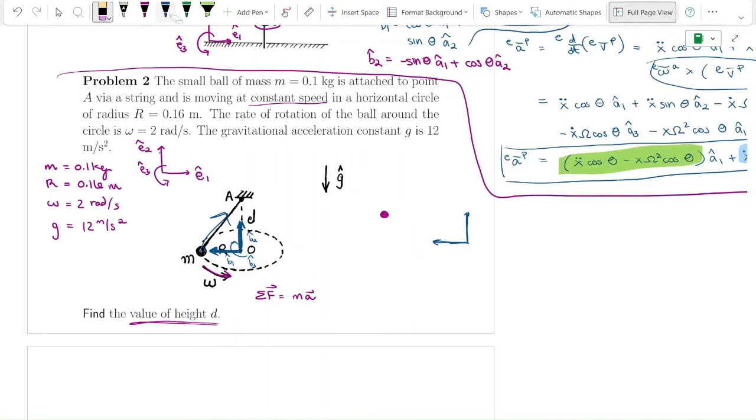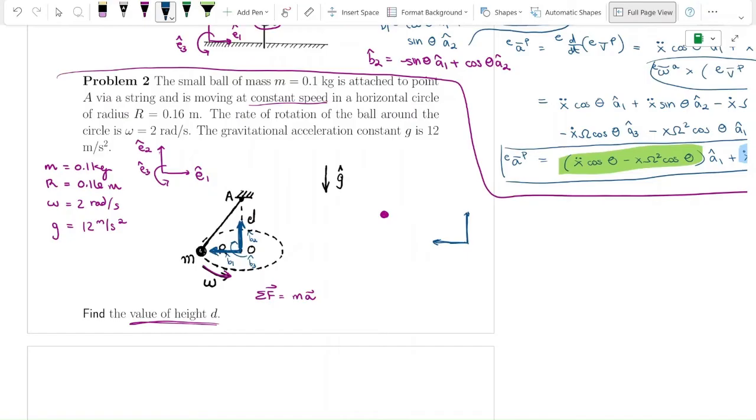So if I write it in terms of the B frame, which is always rotating with the ball, then I will always have an easy way of writing the tension of the string. I'll just demonstrate that in a minute.